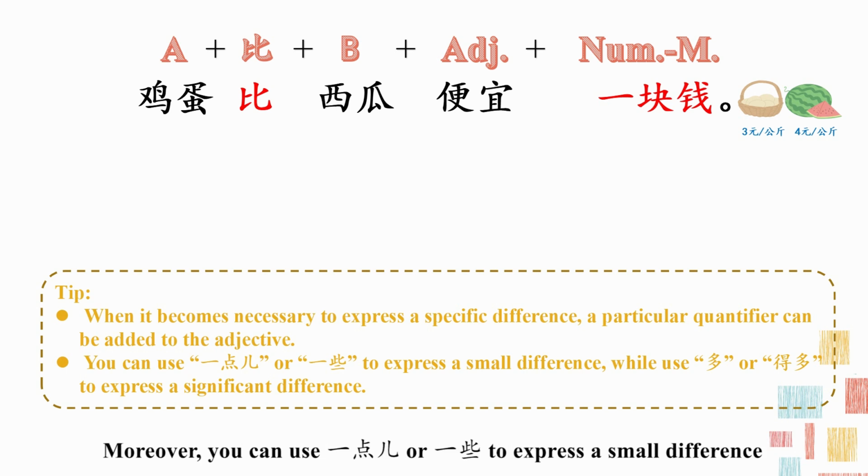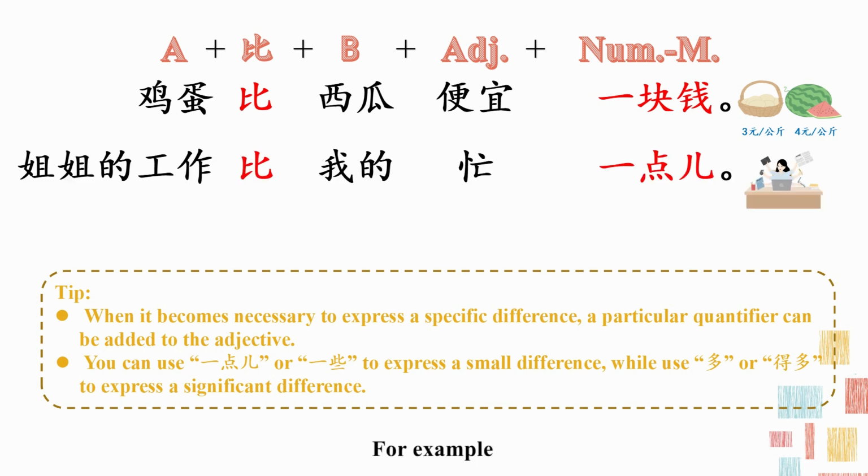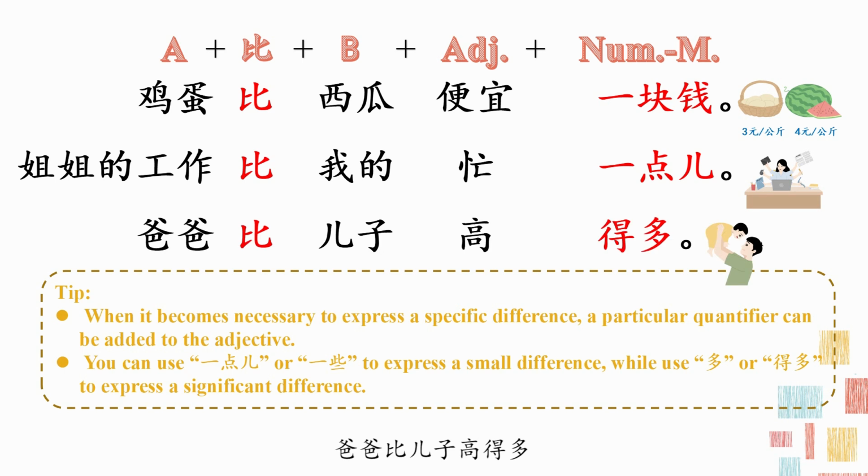Moreover, you can use 一点儿 or 一些 to express a small difference, while 多 or 得多 to express a significant difference. For example, 姐姐的工作比我的忙一点儿 My older sister's work is a little busier than mine. 爸爸比儿子高得多 The father is much taller than the son.